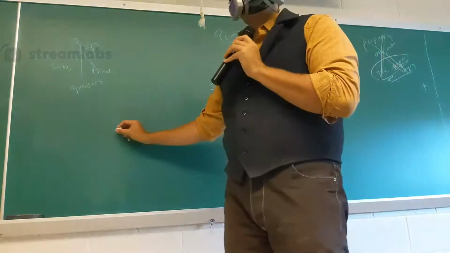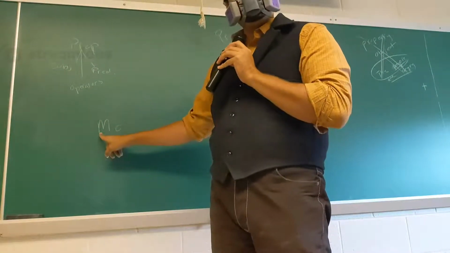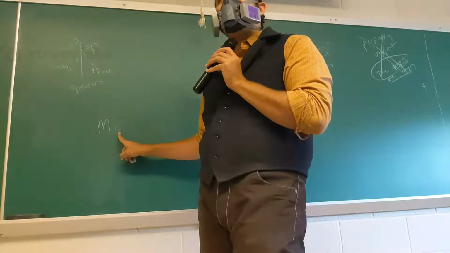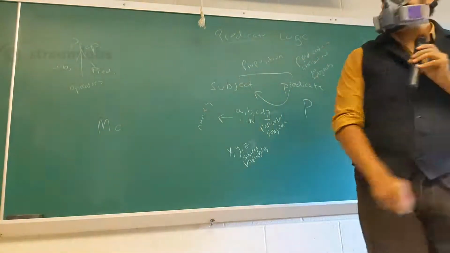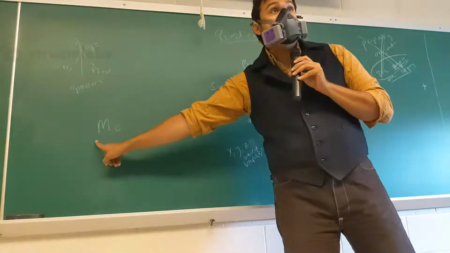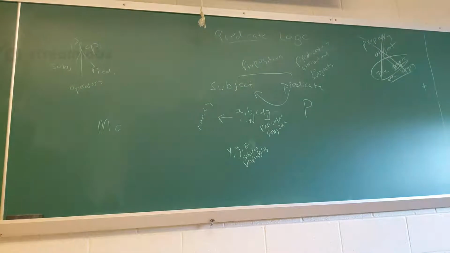So let's just say this particular cat C is a mammal. How would I say all cats are mammals? This just says this particular cat is a mammal, right? How could I say all cats are mammals?